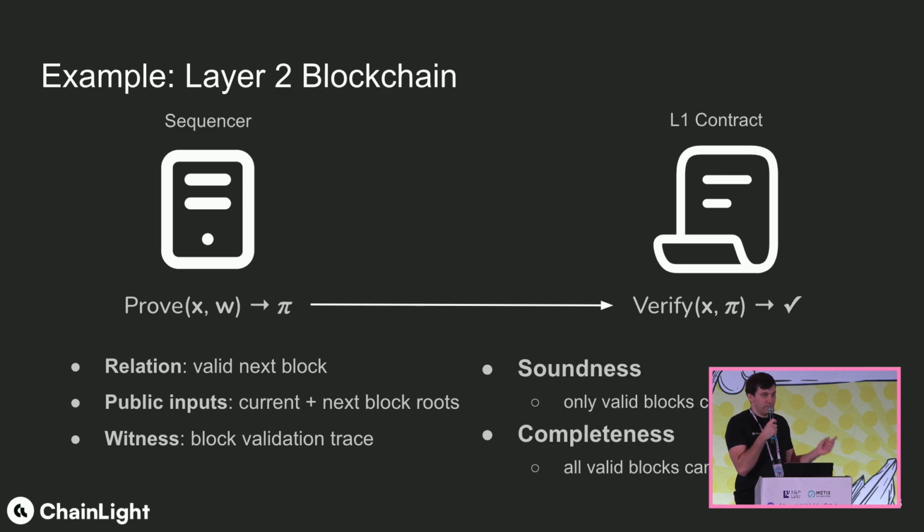Soundness here guarantees that only valid blocks can be finalized on the L1, so the L1 isn't going to have some incorrect view of the state of the L2. And completeness says that all valid blocks, so anything that can happen on the L2, can actually be proven by the prover and finalized on L1.